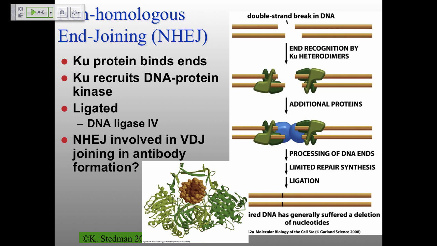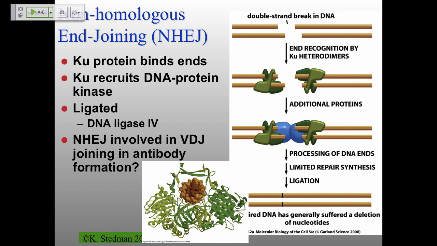And one way to generate that kind of diversity is through doing, it turns out, exactly the same process with exactly the same enzymes in those immune system cells to literally cause what's called hypermutation. So hypermutation happens in these immune system cells through exactly the same proteins and mechanism of this non-homologous end joining.